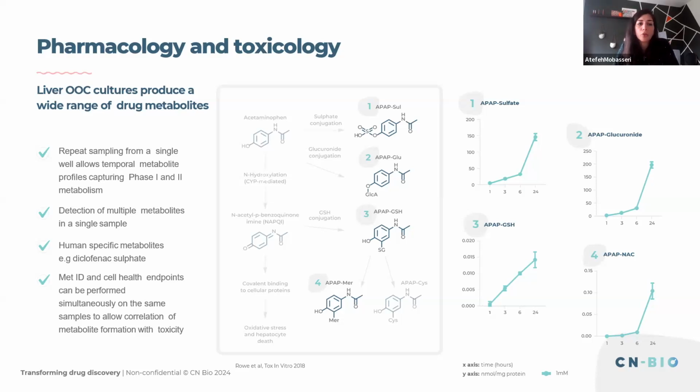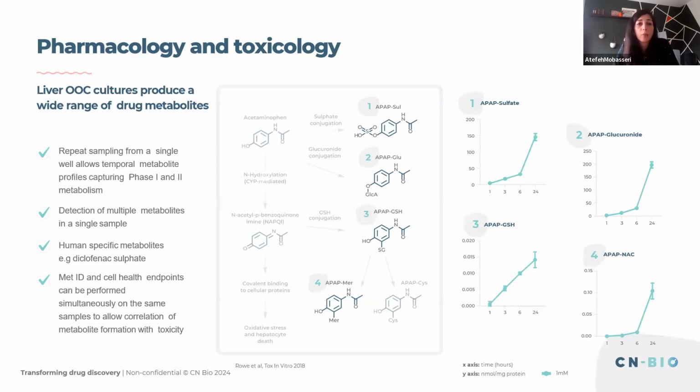We are able to correlate different assays during one experiment. One example that we showed here is acetaminophen, where we know the metabolite formation profile. We can see the human-specific metabolite, and we can detect this in our model.